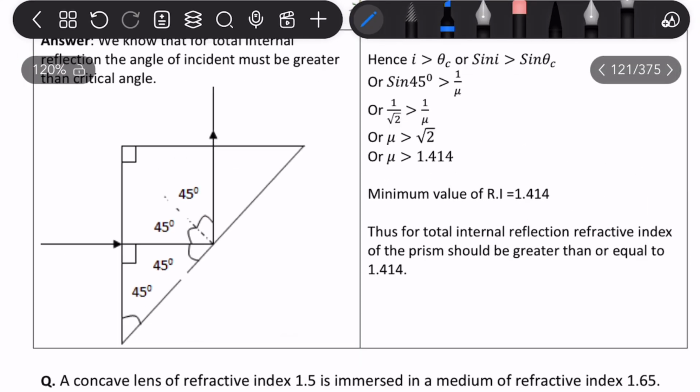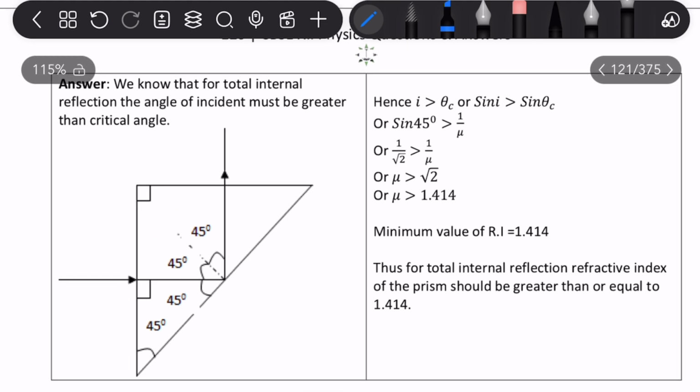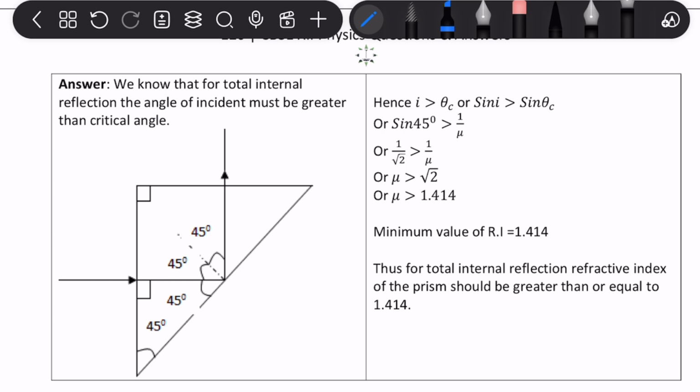So this is a right isosceles prism. We know that for total internal reflection the angle of incidence must be greater than the critical angle.